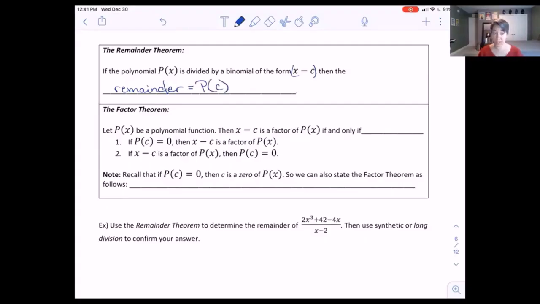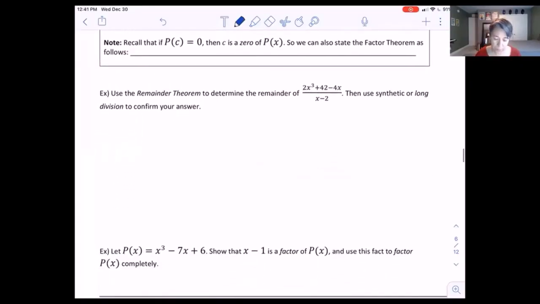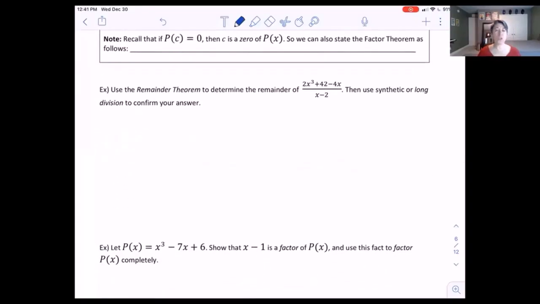For example, let's skip the factor theorem for a second. Let's go down to example 1. Use the remainder theorem to determine the remainder of that rational expression. Well, we are dividing by the form x minus some number c, and it could be negative or positive. In this case, my c is 2, and the top numerator is my polynomial.